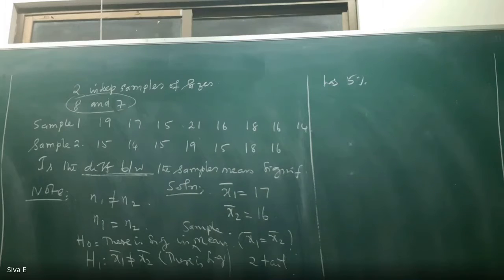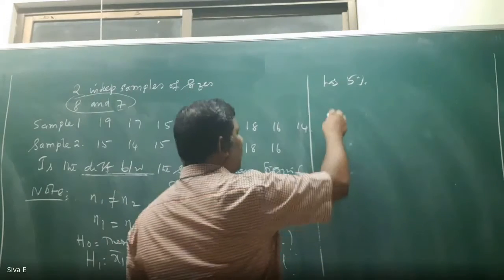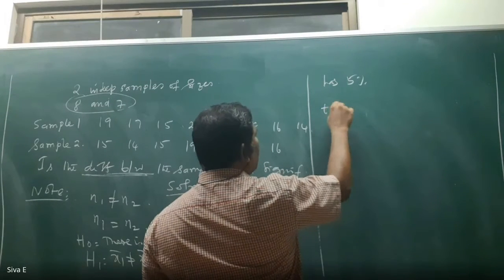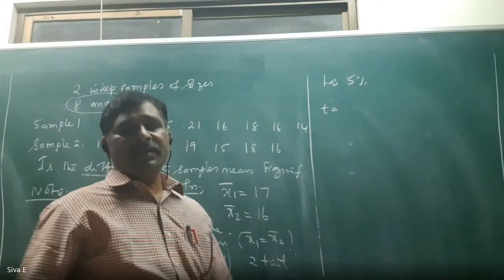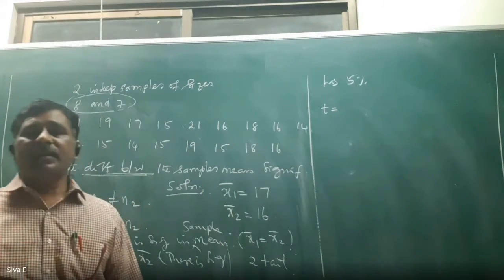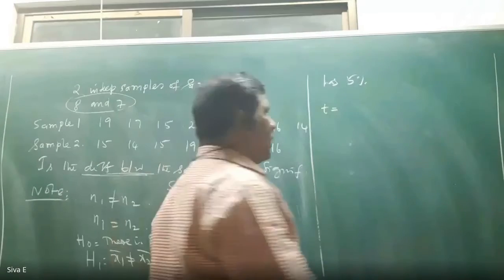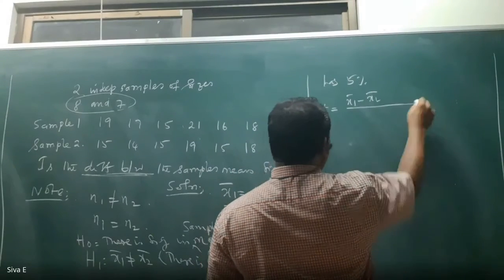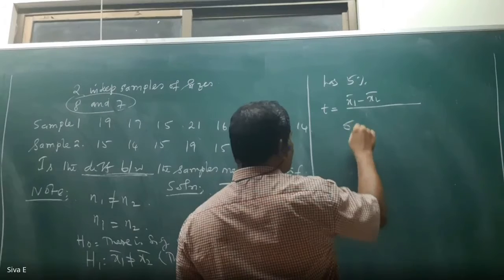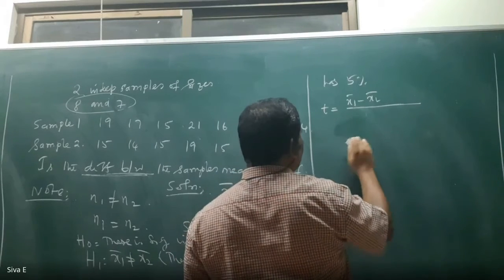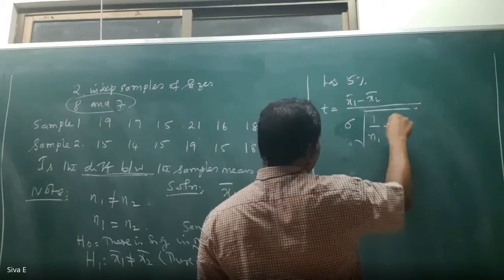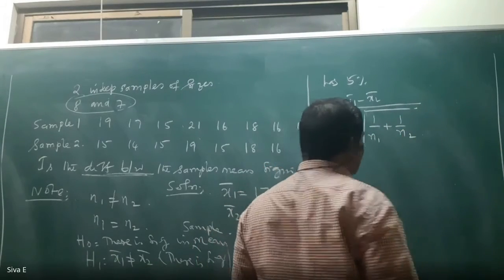Level of significance is 5%. Next, we have to calculate T. What is T here? Test statistic T is x1 bar minus x2 bar divided by sigma into square root of 1 by n1 plus 1 by n2.